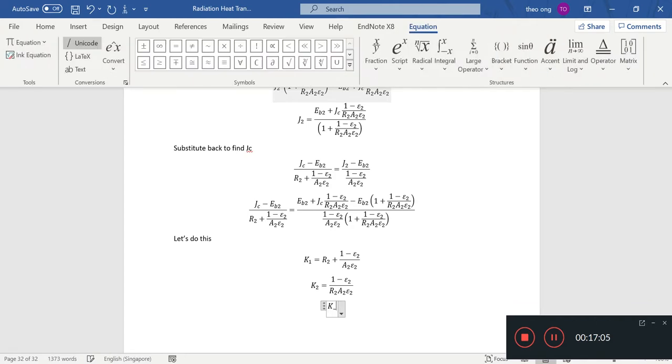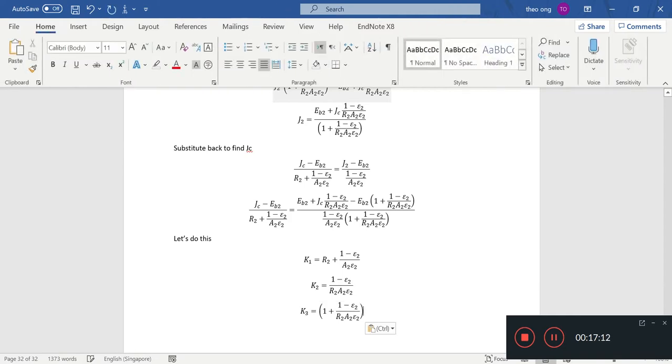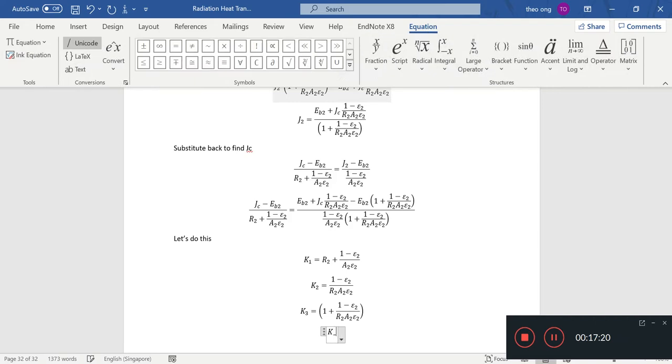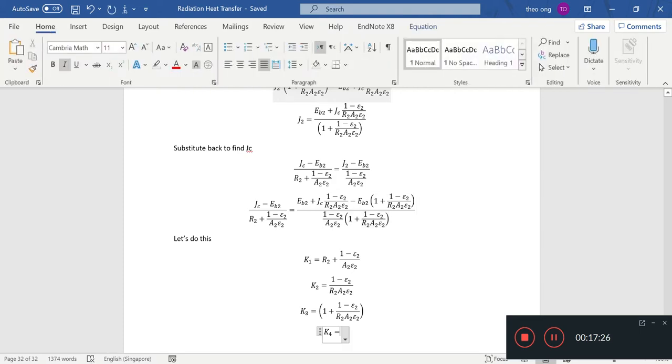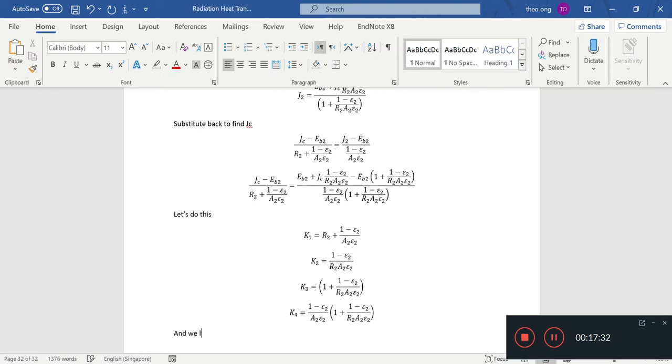K3 equals this, and then K4 equals all of that. Alright, I don't want to do any cancellation of any sort. It will get pretty messy. And what this does is give us a neater equation.